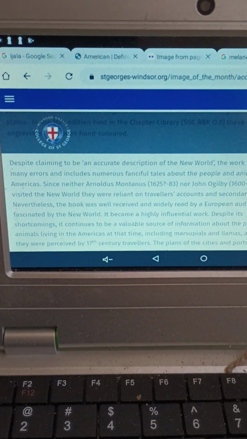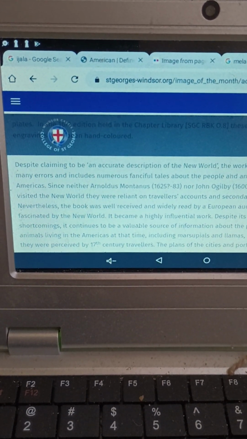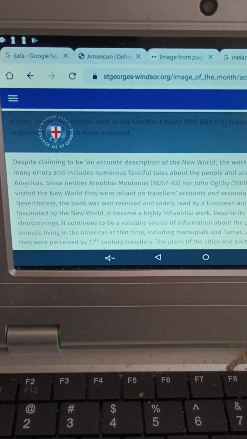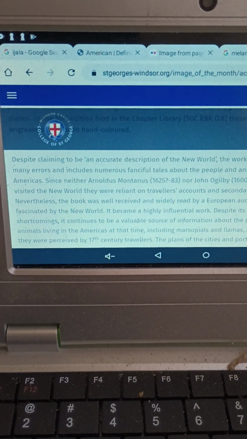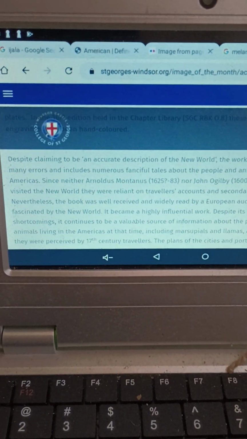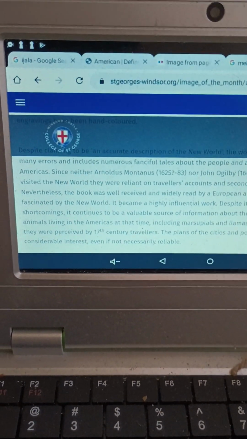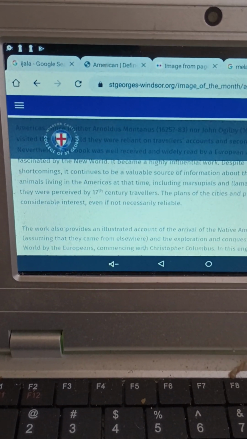Despite its shortcomings, it continues to be a valuable source of information about the plants and animals living in the Americas at that time, including marsupials and llamas, and how they were perceived by 17th century travelers. The plans of the cities and ports are also of considerable interest, even if not necessarily reliable.